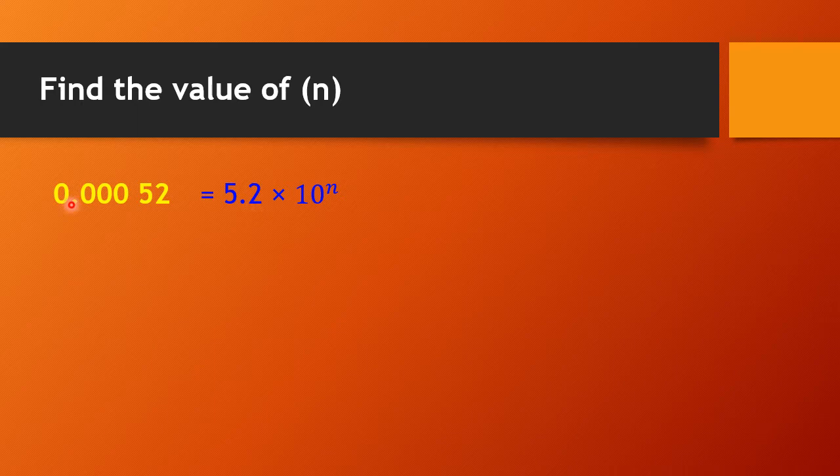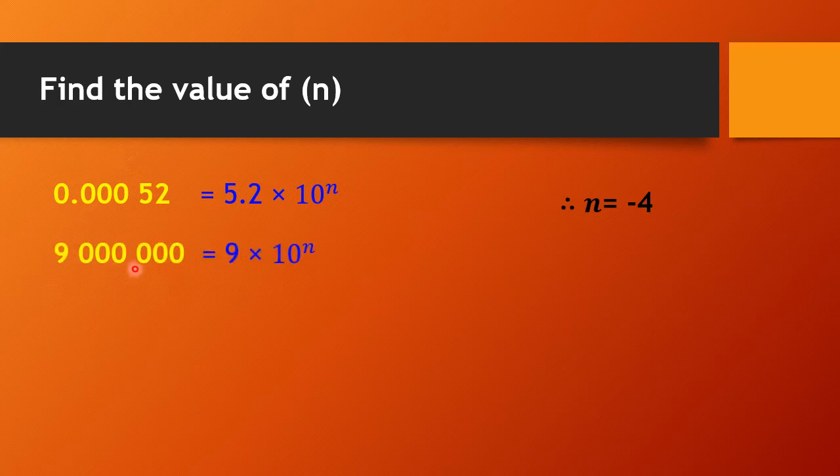So we will move the decimal point to the right. How many places? Let's count: 1, 2, 3, 4. 4 places. So n will be 4 or negative 4. Yes, it will be negative 4 because we moved the decimal point to the right.